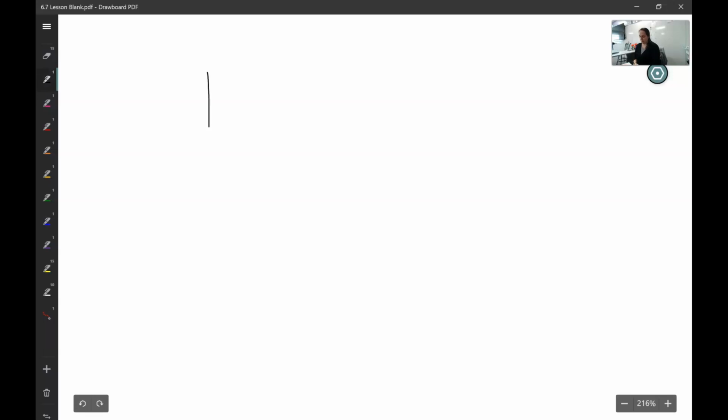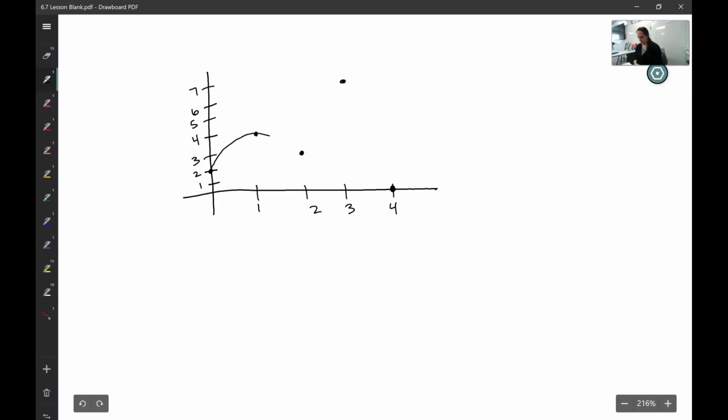So, for example, let's create a curve here. Let's do this. And let's say our curve looks like something like this.